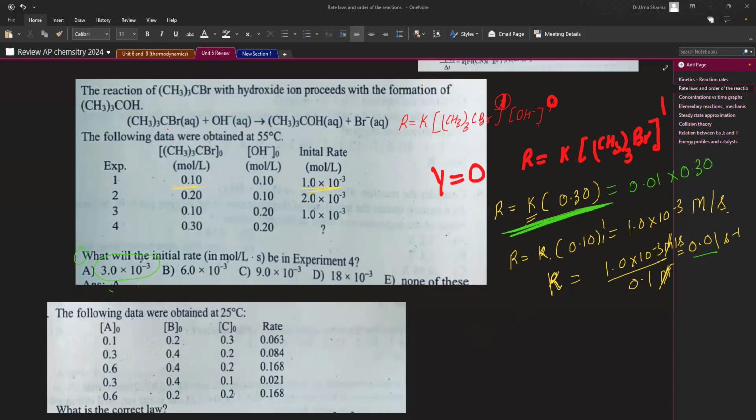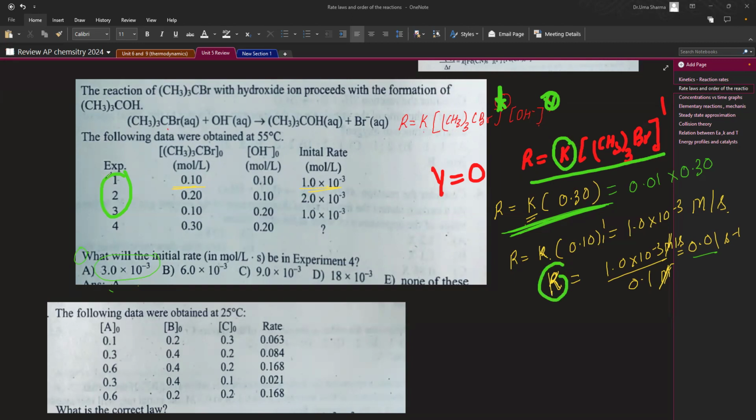In this question, so many questions are included. First, you get the rate law. See what you were doing. First, you started with assumption as x and y, and you worked out by using these 3 experiments. You worked out the rate law. You worked out the value of x and y. This was 0 and this is 1. Now you know the rate law. Then you calculate the value of k.